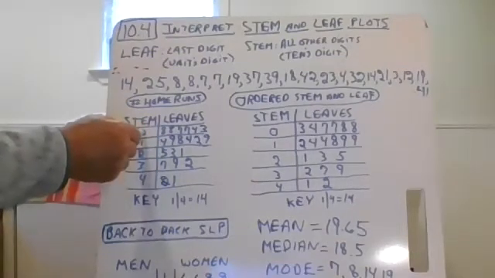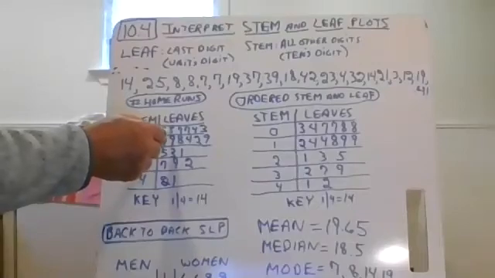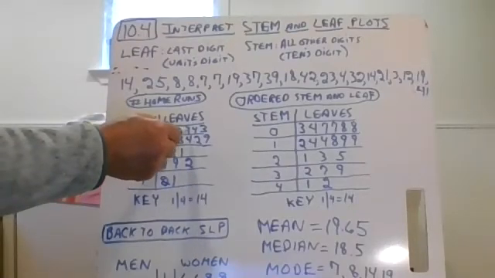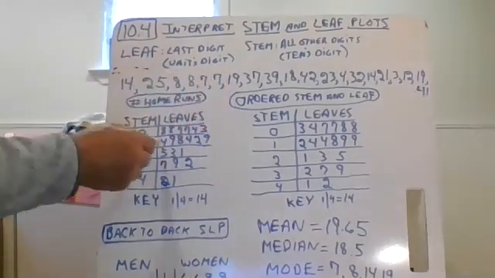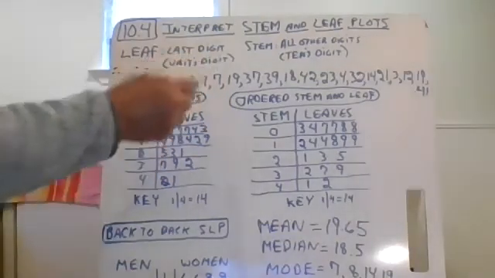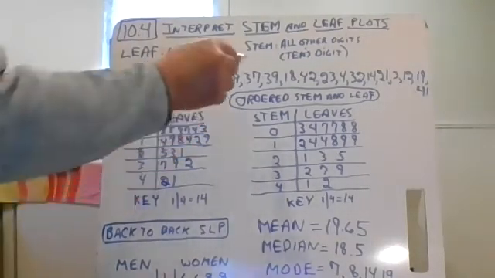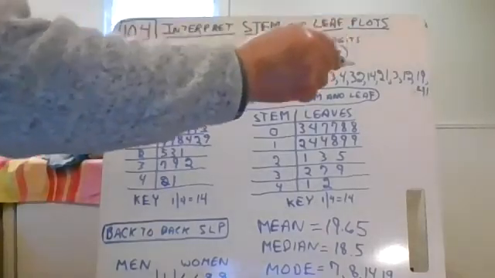That goes with 0. Then you have another 8, then you have a 7, then you have another 7. Then you have 19, a 1 and a 9, 37, a 3 and a 7, so on and so forth.